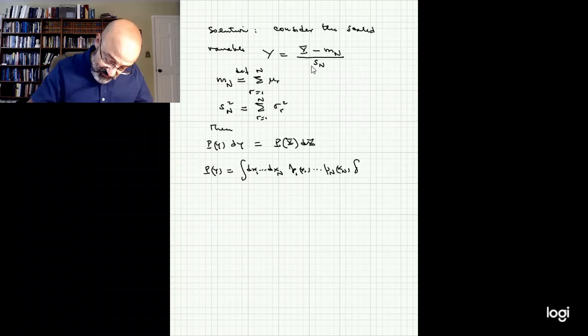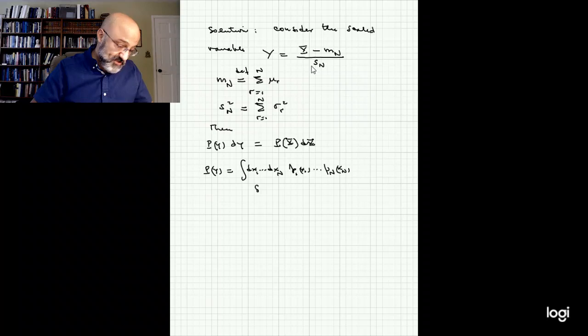Maybe I should write it over here. Delta function of y minus, and here we're going to have the scaled variables, the sum of Xr minus mu r divided by Sn.